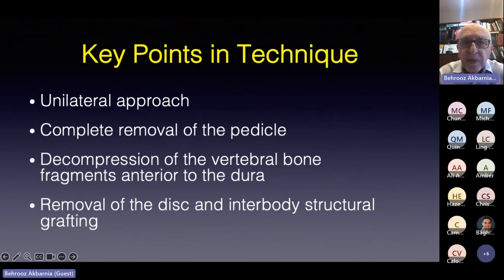It requires a complete removal of the pedicle, so you can get good access to the dura without really pressing on it, and also to the fragments. And then obviously decompression of the vertebral bone fragments anterior to the dura, and removal of the disc and interbody structural grafting, which I will go over in a few minutes.